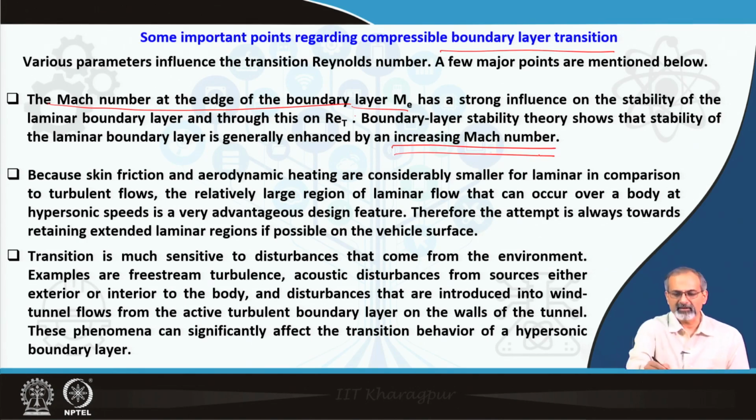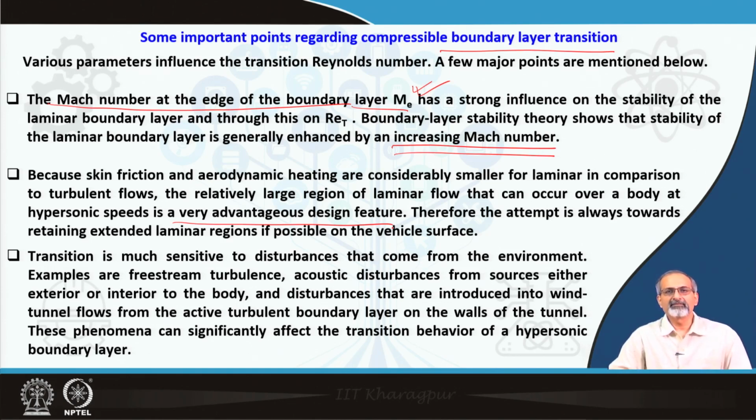That is the basic idea behind this point. Since the skin friction and aerodynamic heating are considerably smaller for laminar in comparison to turbulent flows, the relatively large region of laminar flow that can occur over a body at hypersonic speeds is a very advantageous design feature. Therefore, the attempt is always towards retaining extended laminar regions if possible on the vehicle surface.